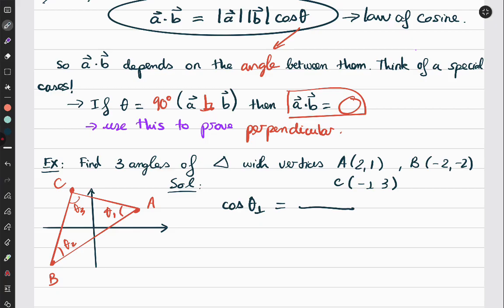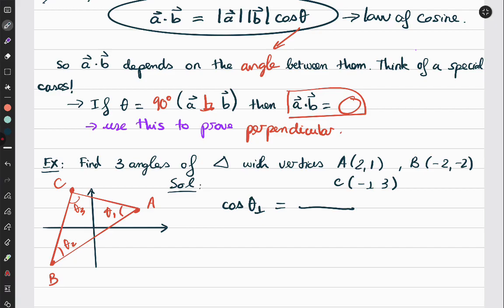Based on that formula, A here, B here, theta here, cosine theta is just vector A dot vector B divided by the length of A and the length of B. That's how we got that.